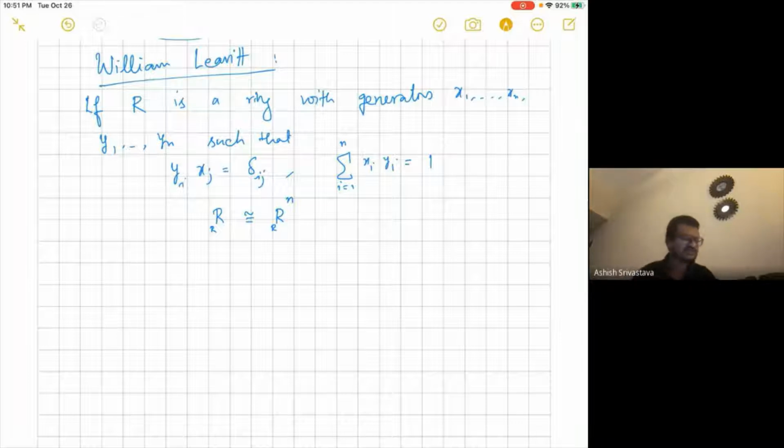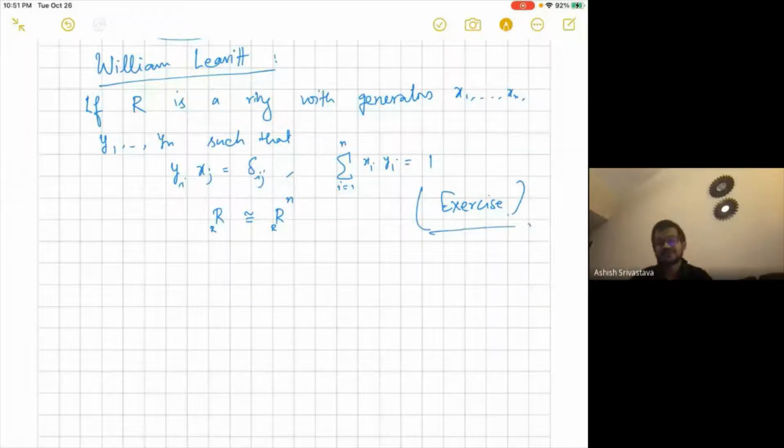So this is an exercise for you, try to prove this. So that's one motivation. We'll see a construction of a path algebra where you can readily construct examples of rings defying invariant basis number property.